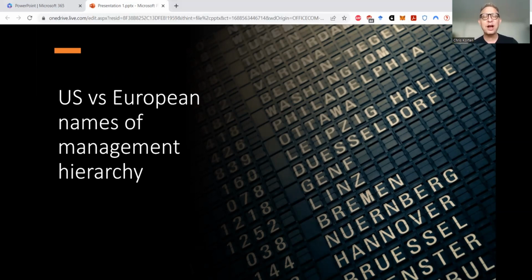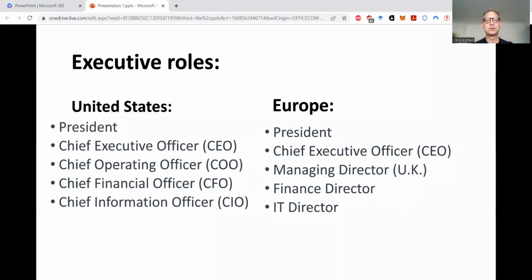All right, I thought it would be very helpful to look at US versus European names of management hierarchy. Not all of them, just one or two or three that are actually different between the east and west side of the Atlantic. Let's take a look at those. Now, some of these are the same: president, chief executive officer, which, as I mentioned, we say CEO.